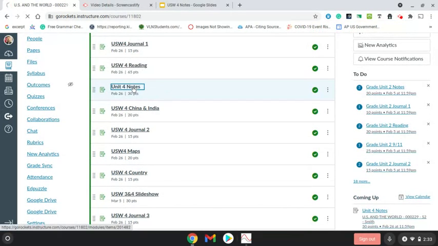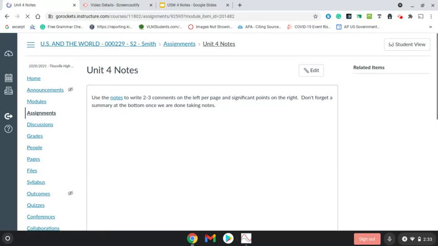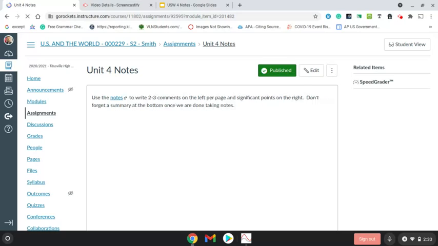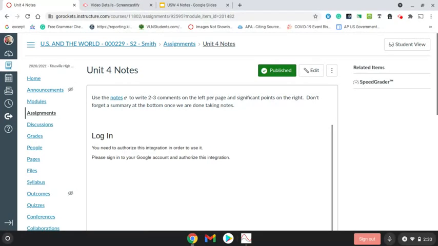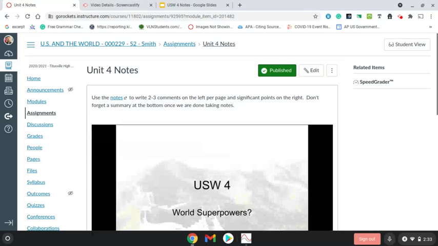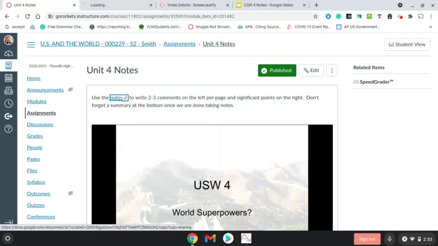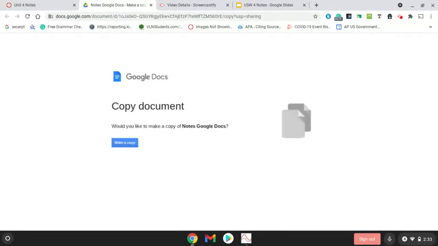Which you can see underneath the reading. So, of course, if you click on the notes link, you'll see the document.